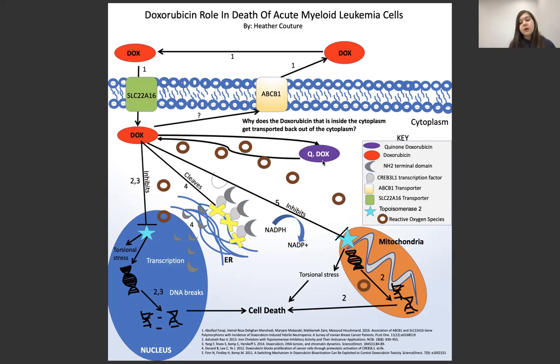Which may be a factor of just defense for the cell, but how does it get back out is an issue, because if you're trying to treat a patient with doxorubicin, it's problematic when not all of that drug will stay where it should be and cause the cell death, which is what you want.